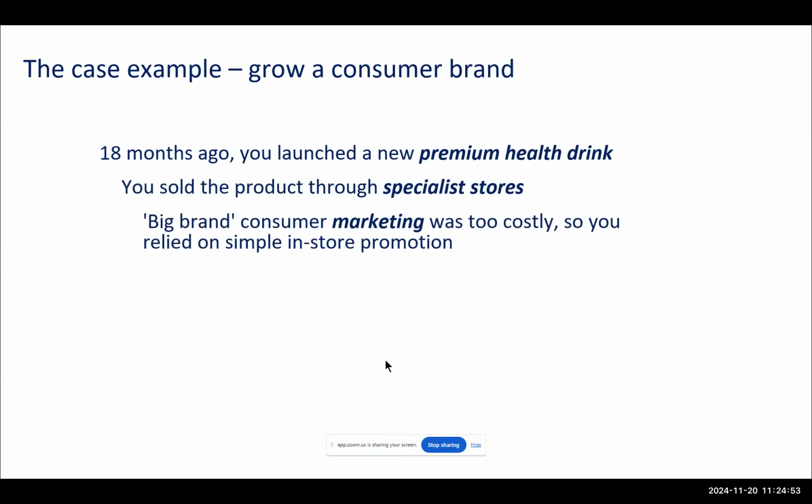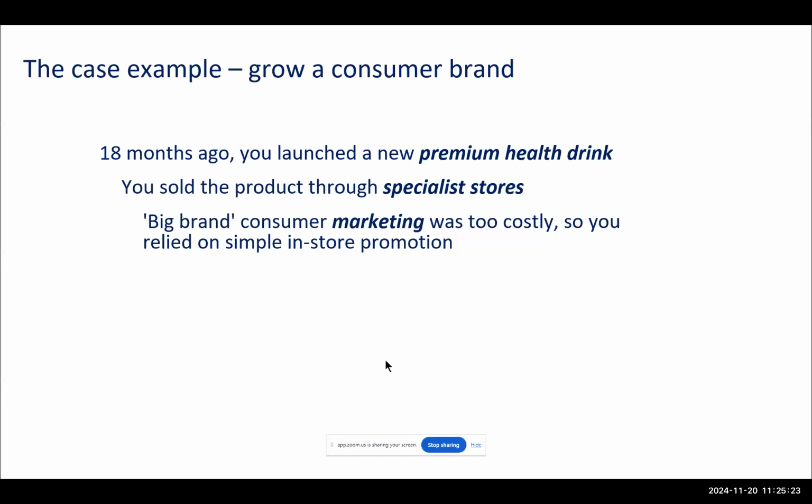You're an entrepreneur starting this business up, and you've been going for 18 months. It's a premium health drink targeted at particularly precious people who are concerned about their health and their sports fitness and all that kind of stuff. And you've been selling that product through specialist stores. Okay, so you're not selling it through Walmart, you're not selling it through Tesco. You've targeted stores that are focused on those kinds of consumers.